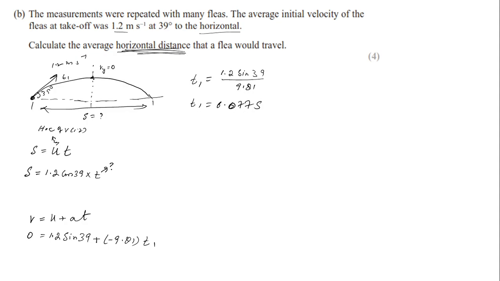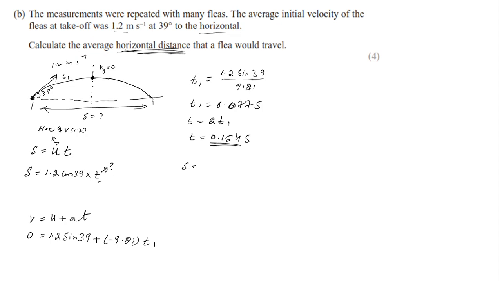And what about the total time? Total time is double, so t is twice t1, from height to return to the ground for ideal condition. So that means total time is 0.154 second, and this is the time that we need to find the distance.